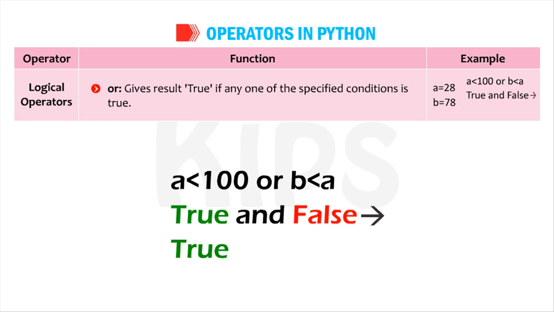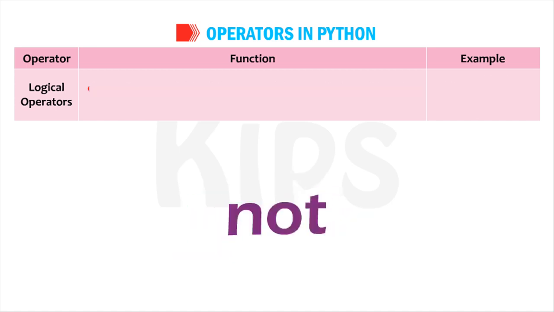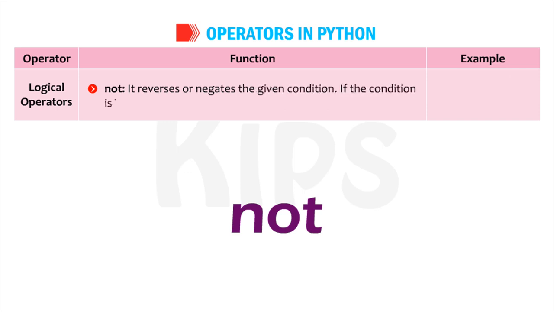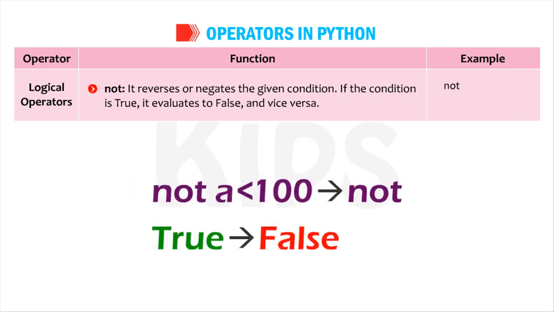Not reverses or negates the given condition. If the condition is true, it evaluates to false and vice versa. Not A smaller than 100: not True gives False.